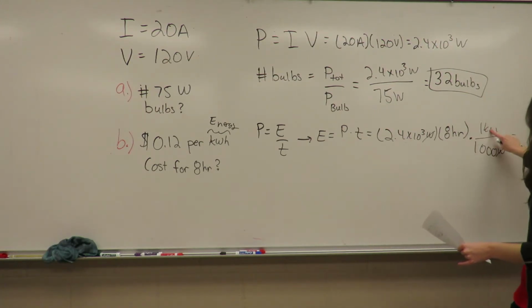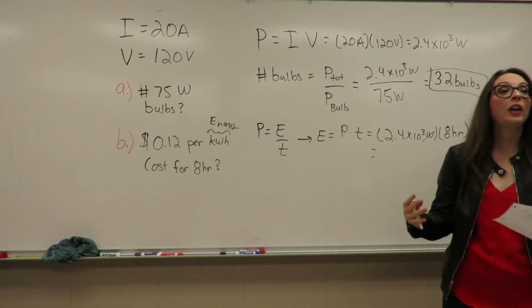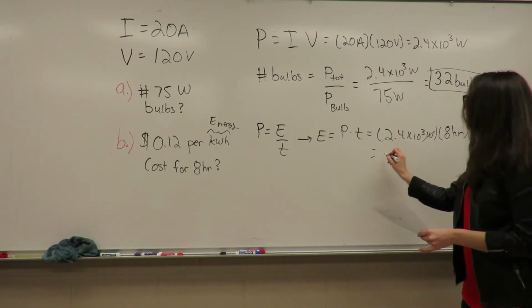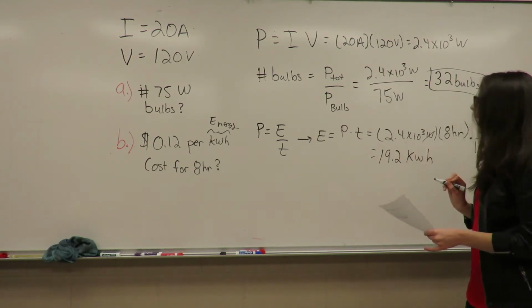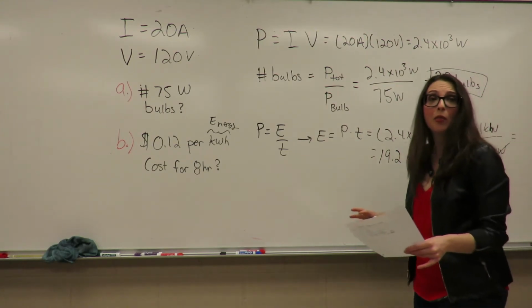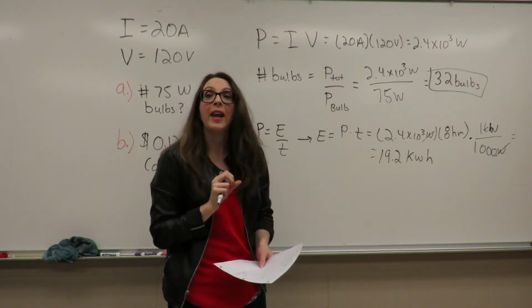So, oh, not kilometer here, this should be kilowatt, okay? And so if I do that, then I find that our energy consumed is 19.2 kilowatt hours to run those 32 bulbs per 8 hours.